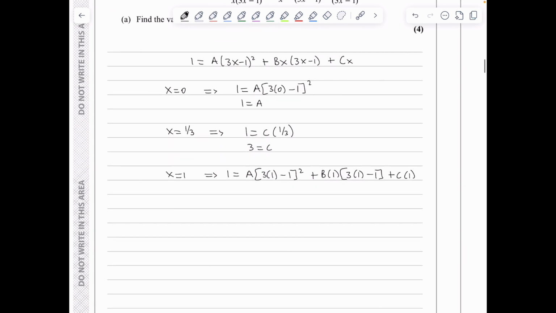So this leads to 1 is equal to 4a plus 2b plus c. Now we know the value of a to be 1, so it's 4 times 1, and we know the value of c to be 3, so plus 3, leading to 1 is equal to 7 plus 2b, and therefore negative 6 is equal to 2b, which means that b is equal to negative 3.